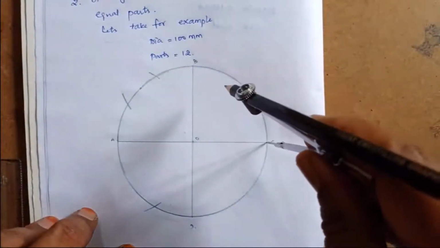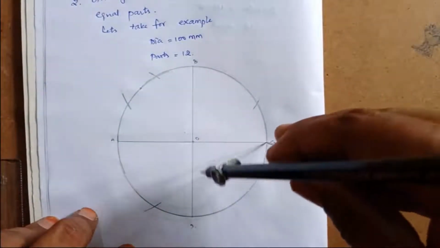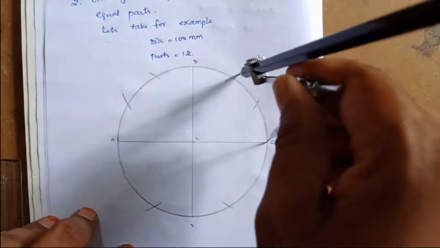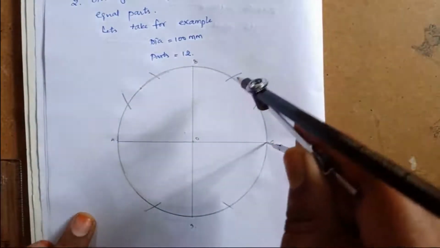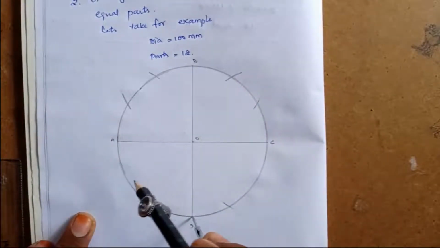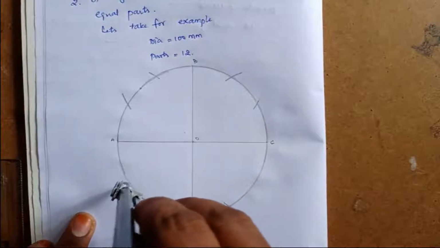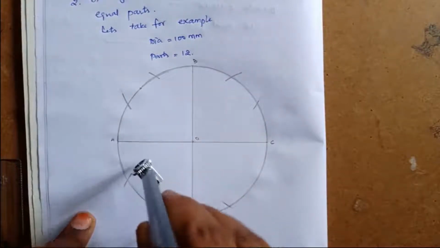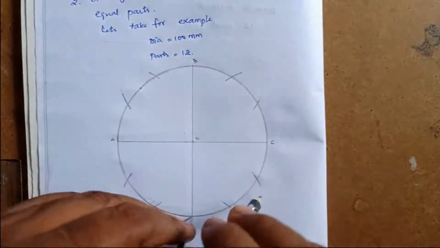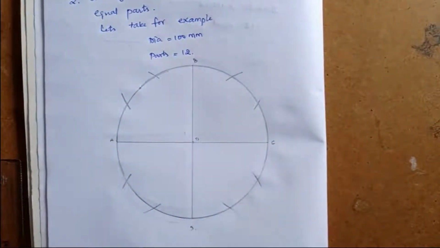Now change the position from B to C and draw the arc below the line AC, above the line AC, on the circle. Change the position from C to D, and keeping the point D as center, put the arc on either side of the line BD. So we have drawn arcs on all the four quadrants.